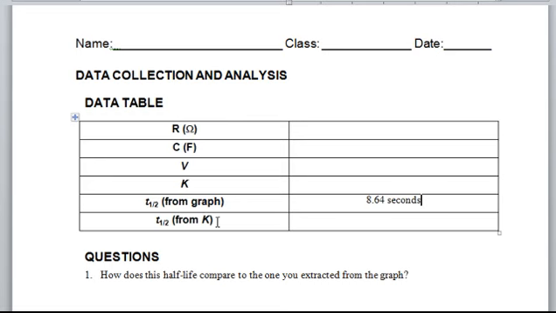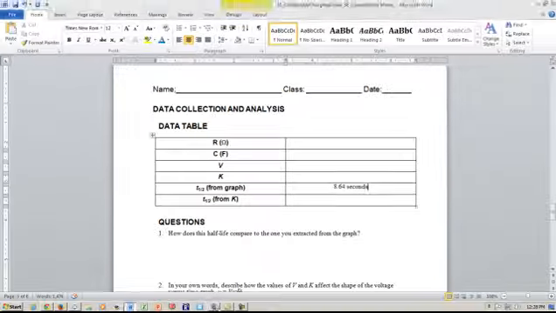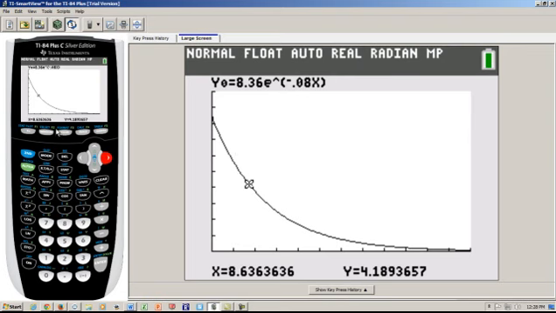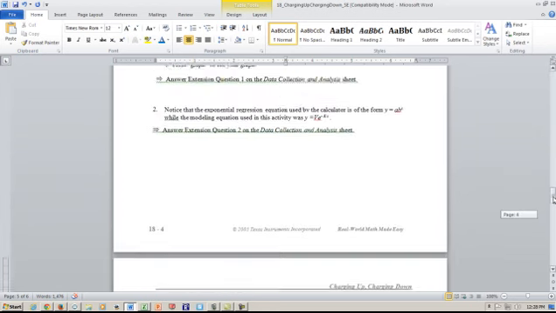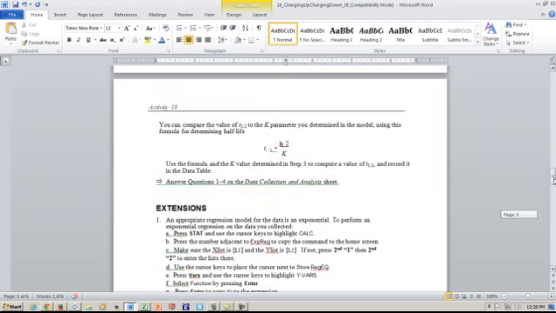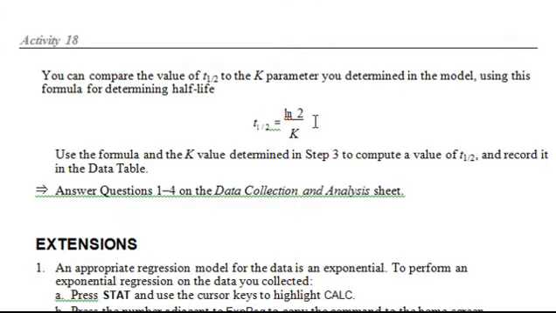Then that gets us to T half from k. That's a little bit different here. For T half from k, you're going to use an equation that's given in your directions, and it's an equation that you have not used before. It's this natural log equation here. The directions say that you can compare the value of T half to the k parameter you determined in the model.